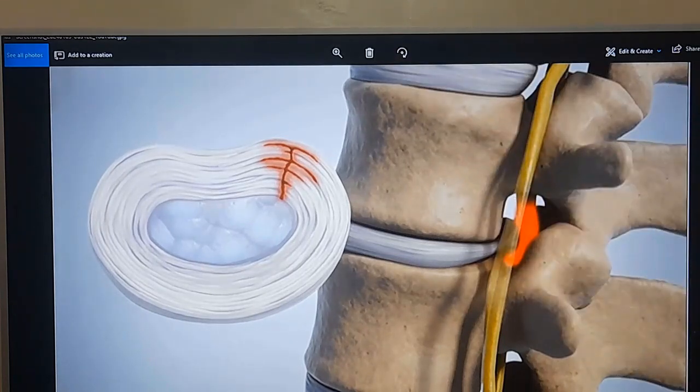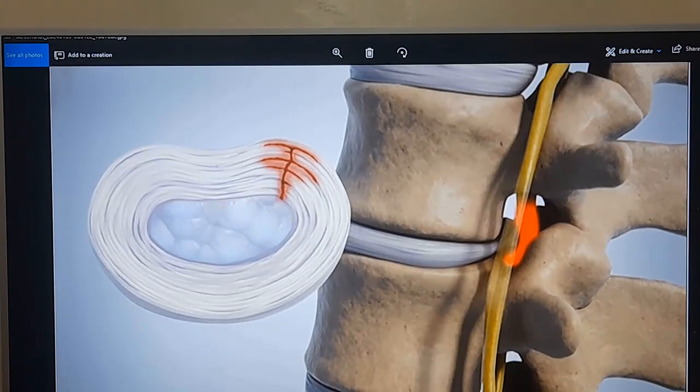Okay, but usually when there's a compression like this, it is common with the left side. You will see that when there's a disc herniation, the lumbar fiber gel-like nucleus protrudes towards one side of the body. Take note of this.